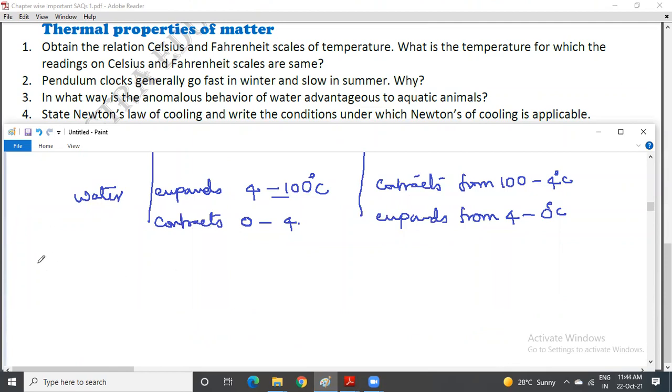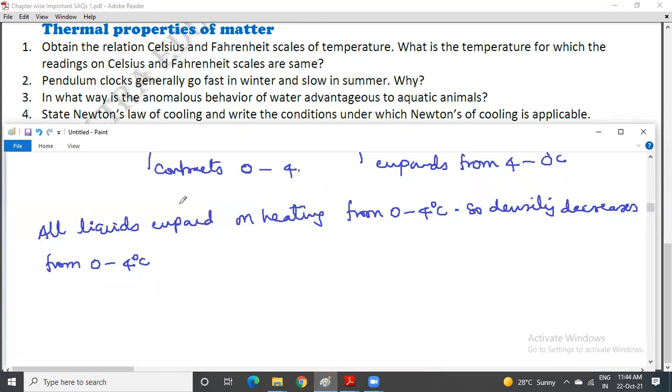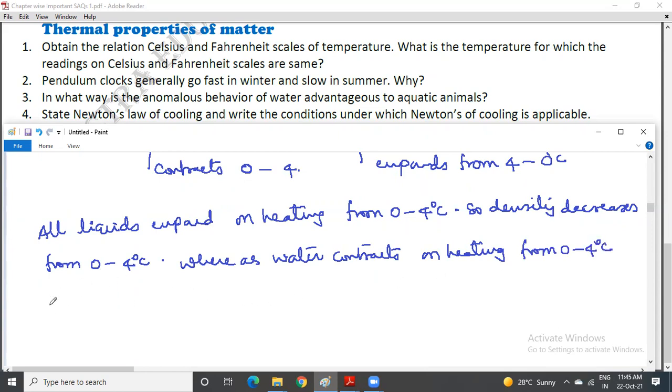So all liquids expand on heating from 0 to 4 degrees centigrade, so density decreases from 0 to 4 degrees centigrade, whereas water contracts on heating from 0 to 4 degrees centigrade, and expands thereafter.